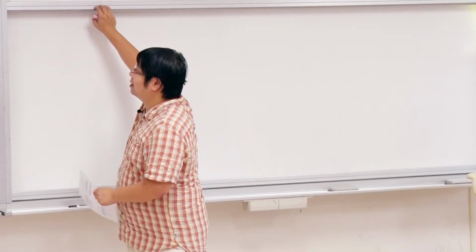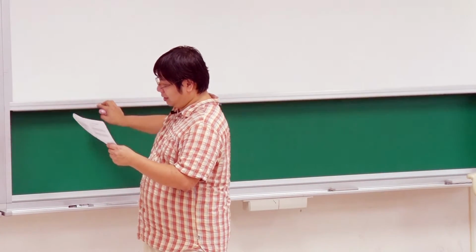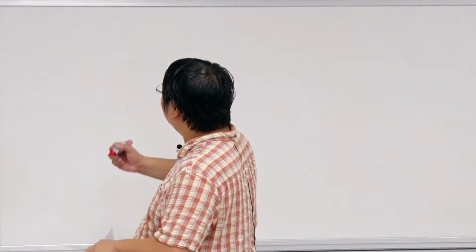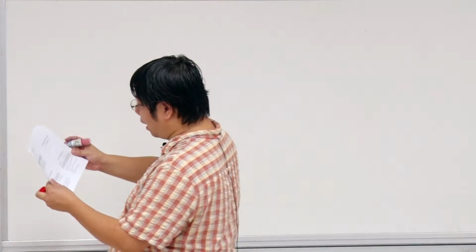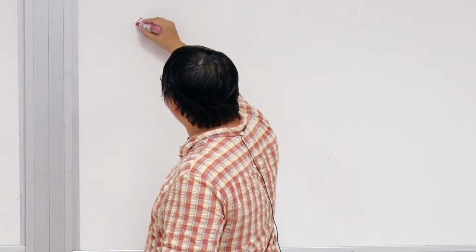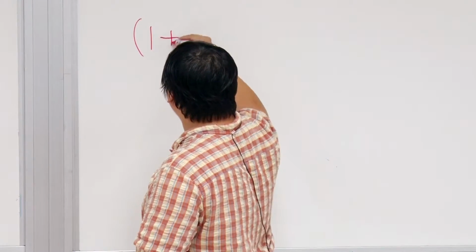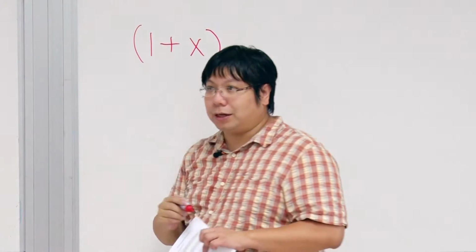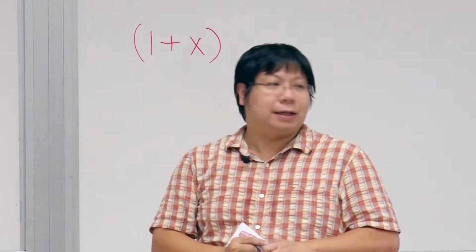How about this? Suppose that, so what do we have? First of all, let's take a look at what is the meaning of 1 plus x if you treat it as a generating function. 1 plus x.